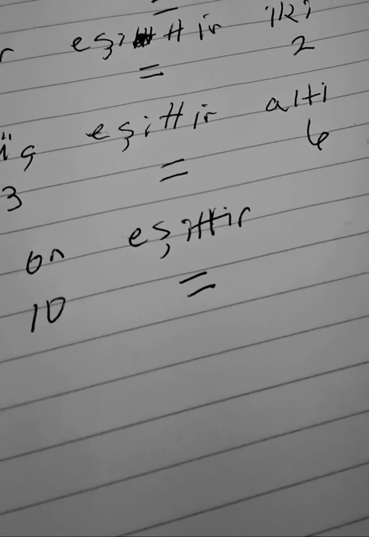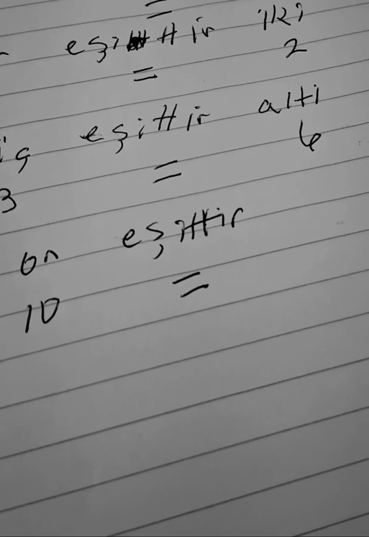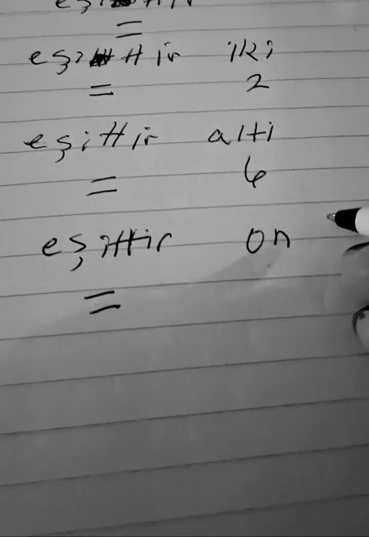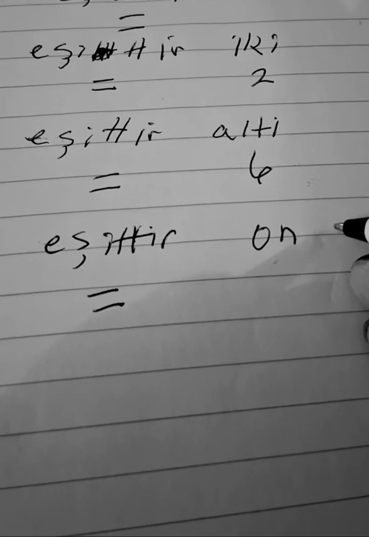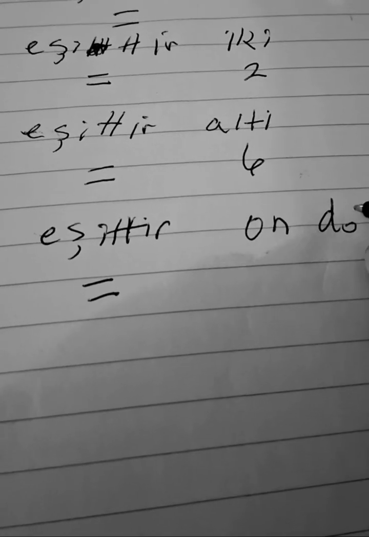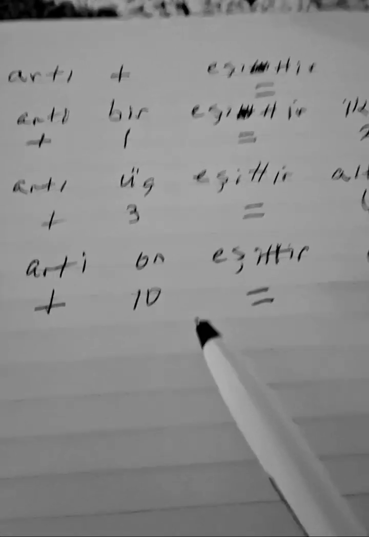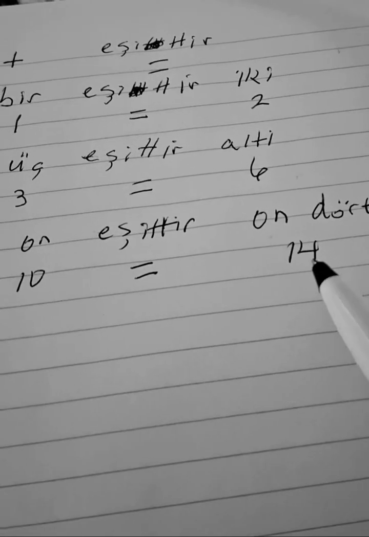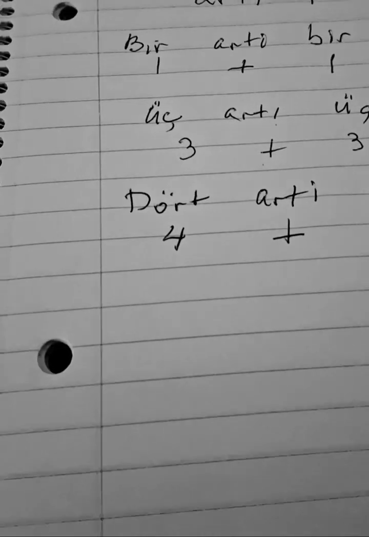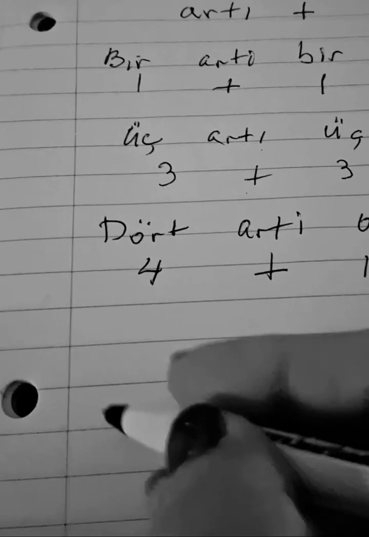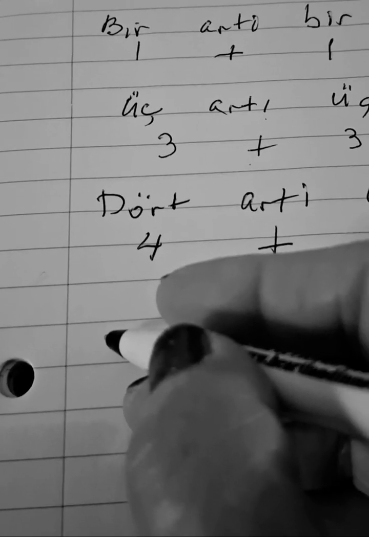Oh, I can't believe I did that. Okay, dört artı, so 4 would be on dört. So dört artı on eşittir on dört. 4 plus 10 equals 14. I multiplied it. I was looking on a page I have these written on. I multiplied it. I was like, oh, no, not yet. Okay.